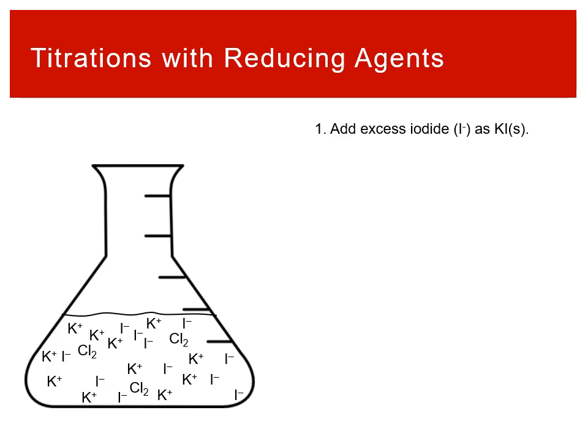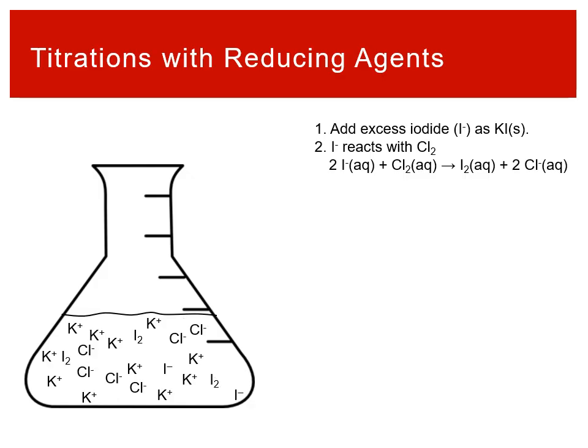So it's going to separate out into the ions, and the iodide is what I really want in there to do my chemistry. So the I- is going to be a reducing agent, and will reduce the chlorine. And so it's going to react with the chlorine to form I2 and chlorides. And so now I have all these I2 molecules floating around in solution.